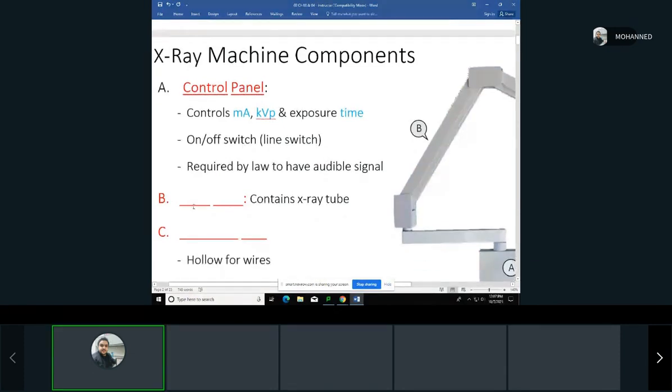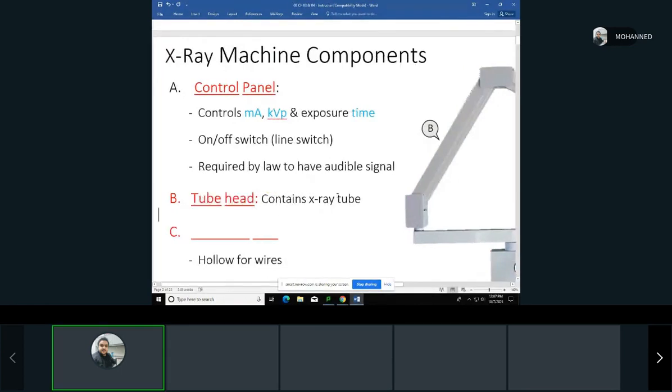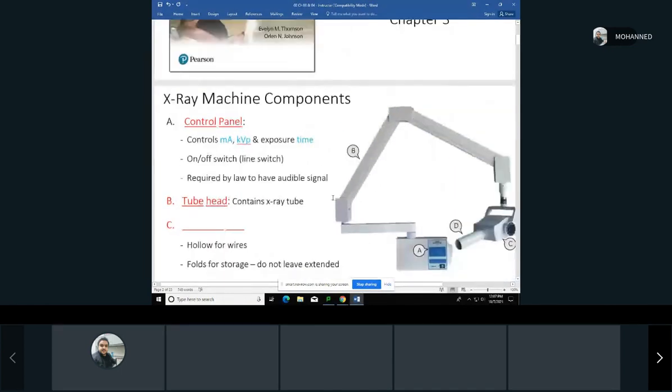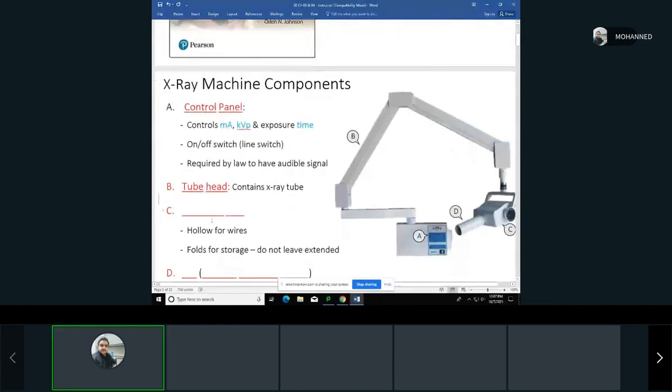Number B is the arm, the extension. I'm sorry. That is wrong. This is C. I don't know how this happened. So correct that on your side if you can.